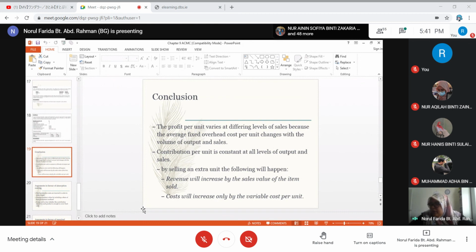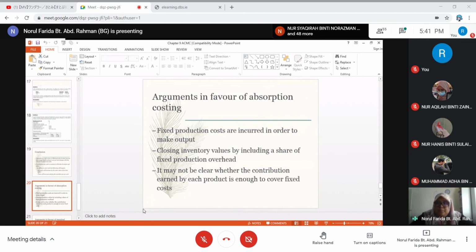Revenue will increase by the sales value of the item sold and cost will increase only by the variable cost per unit. Okay. Revenue akan meningkat dengan sales value, dengan berapa banyak jumlah unit yang kita jual. Cost akan meningkat hanyalah pada variable cost sebab dia punya nature adalah variable.